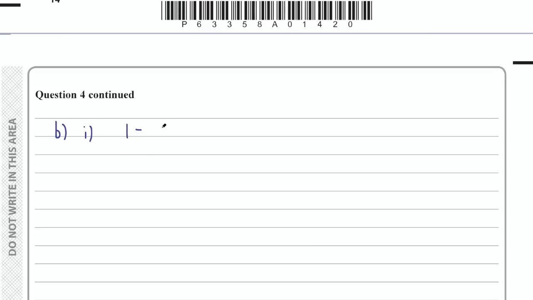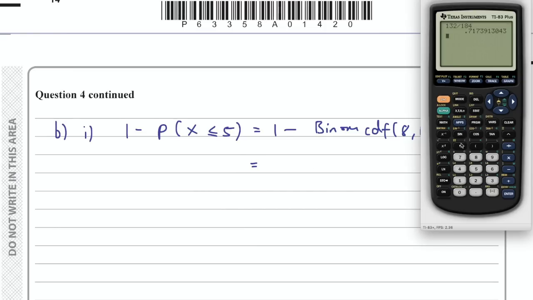So this would be 1 take the probability of x less than or equal to 5, because that's how I need to put it into a calculator. So this would be 1 take the binomial CDF of sample size 8, probability of success 0.76, and maximum of 5. Plugging that in, that will give us the probability that's greater than 6.